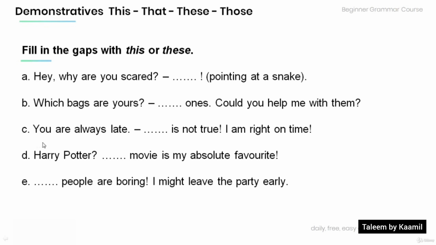C. You are always late. It's not true. I'm right on time. D. Harry Potter? Movie is my absolute favorite. E. People are boring. I might leave the party early.